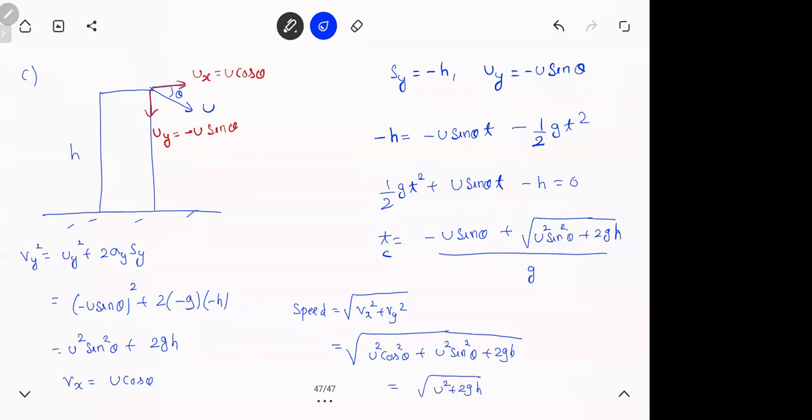We got the speed the same. Time was different though. Have a look at this. Any particular step you didn't get? Ask me. The only difference is the minus u sine theta vertical component. Other than that, everything else stays the same.